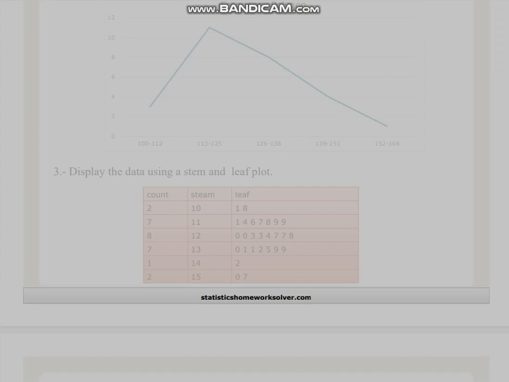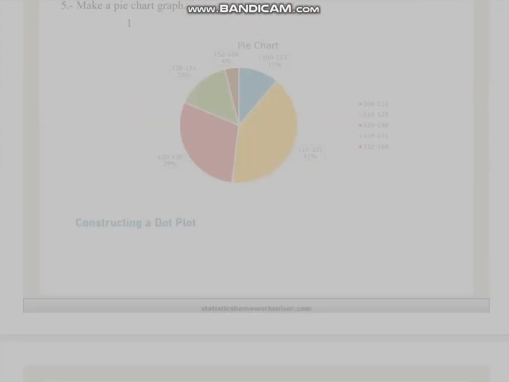5. Make a pie chart graph. 100 to 112 is 11%, 139 to 151 is 15%, 152 to 164 is 4%.